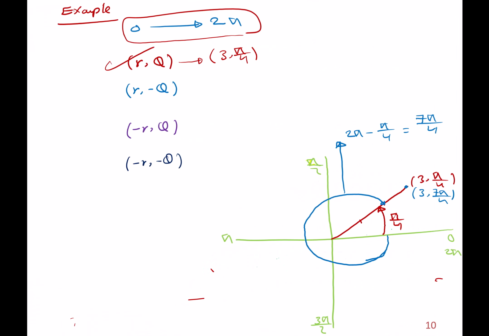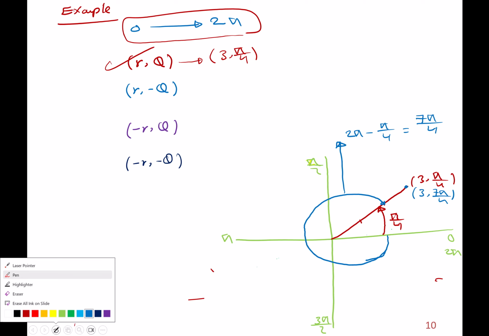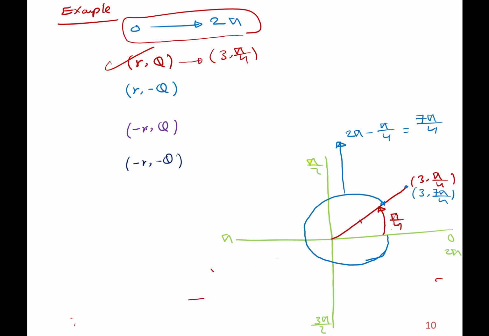For the third one, minus r and the same theta. How to make the same theta? We will go to the opposite direction. This is our 3 and pi over 4. But how to go to the same point? We should go pi.